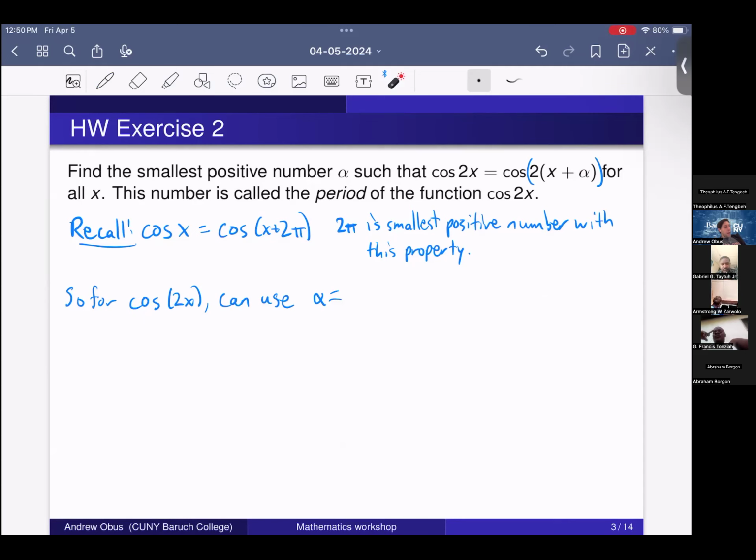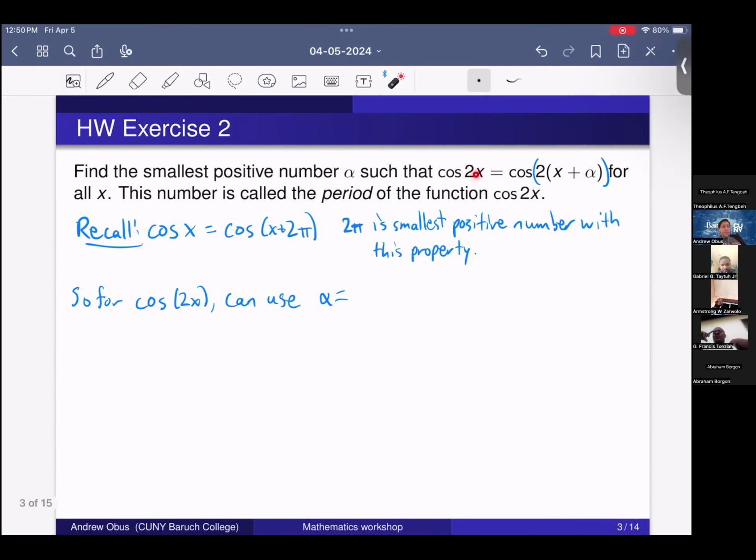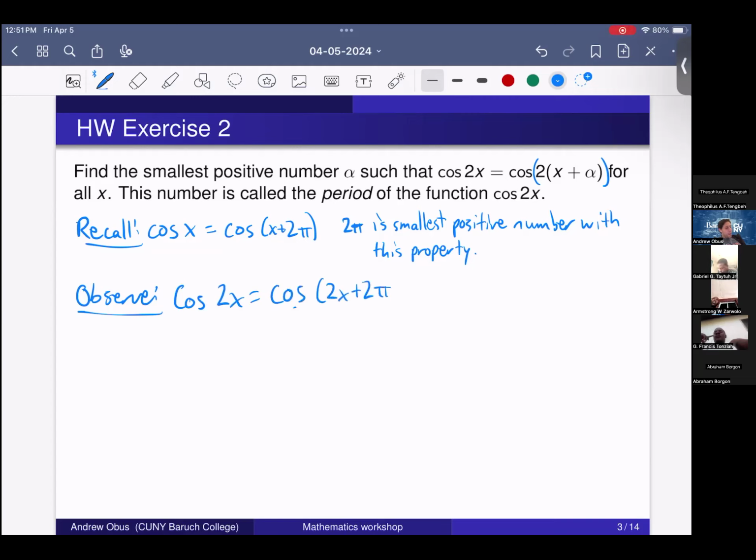We know that cosine of anything is the same as cosine of that thing plus 2 pi, right? So if I have cosine of 2x, maybe I won't write this down just yet. So let's observe that cosine of 2x is the same thing as cosine of 2x plus 2 pi, right? Because you can always add 2 pi to anything, and that always works.